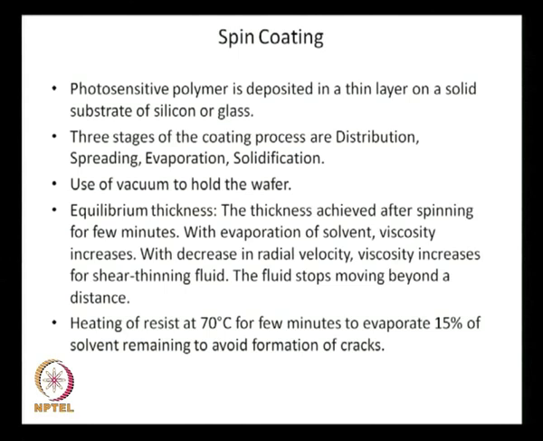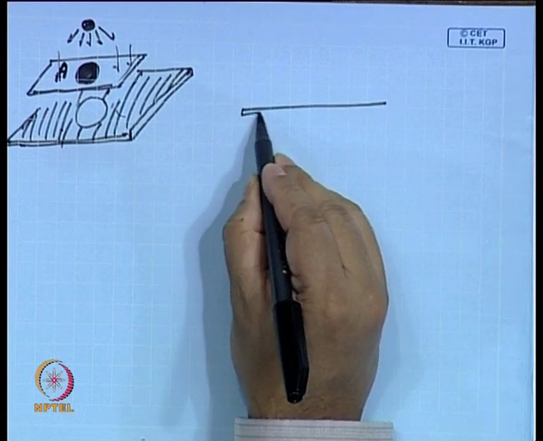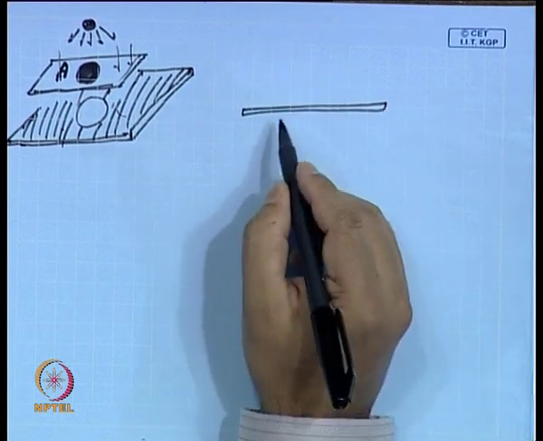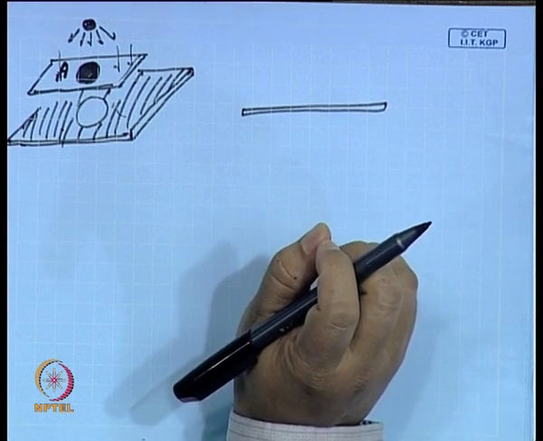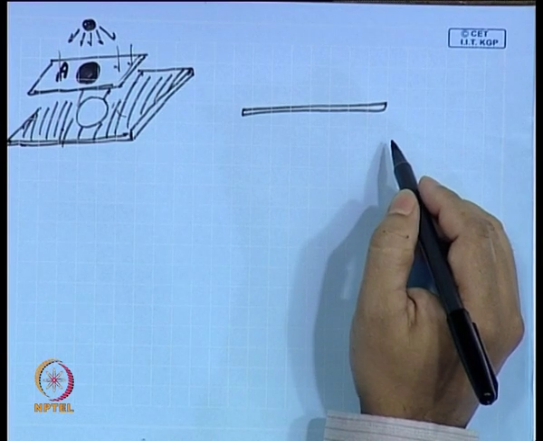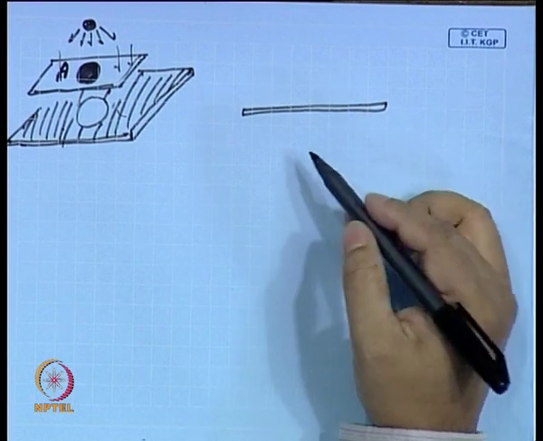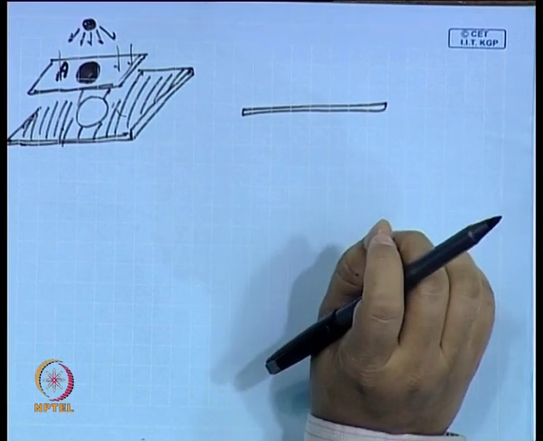What you have here is the wafer. Wafer means it is a thin silicon substrate. The thickness of it is 500 micrometer, and the other dimension is typically 4 inches. So this is a silicon substrate.